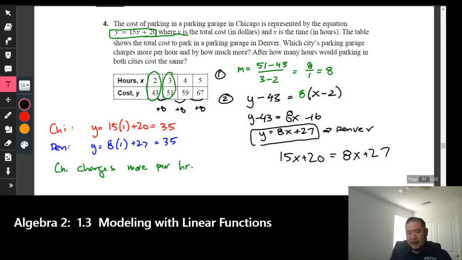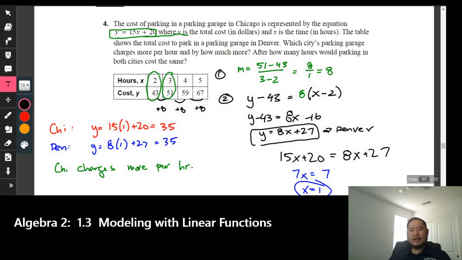So let's go ahead and solve for x. We could subtract 8x from both sides. 15 minus 8 gets you 7x. We could subtract 20 from both sides, and we'll end up with 7x equal to 7, and x is equal to 1. All right, so how many hours would parking be the same?